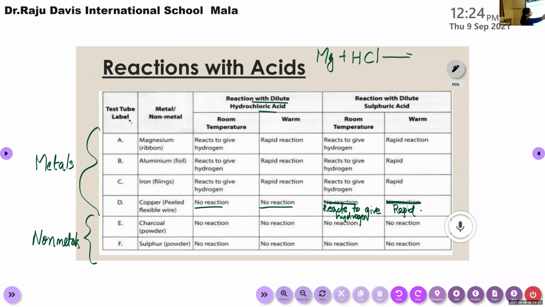These two react together and hydrogen is removed from the HCl. That means hydrogen gas will be formed and a salt, MgCl2, will be formed. Actually, this chemical reaction is not here for you to study, but this is the reaction that takes place. So when magnesium reacts with acid, the hydrogen present in the acid escapes from that substance. That's why bubbles are formed in the test tube.